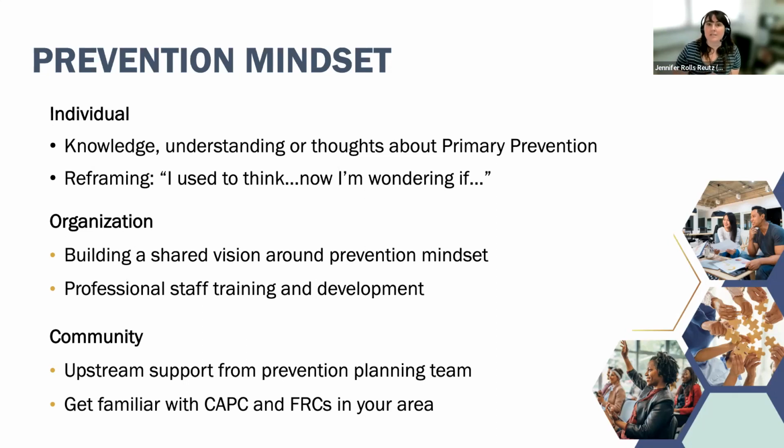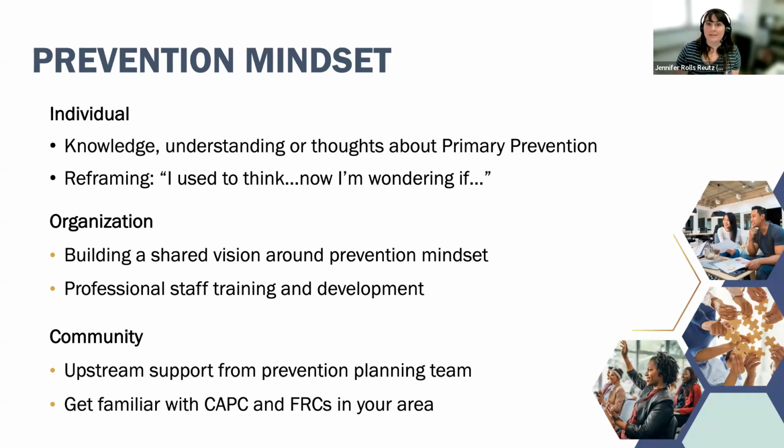At an organization, like I mentioned, it's building that shared vision. It's reinforcing at an organizational level that prevention is part of your effort, and it's not just tertiary, it's primary and secondary. And that's going to be staff training and development, a lot of the things that we're talking about today, and I'll get to some details in a couple of minutes. And then at the community level, it's making sure that your comprehensive prevention planning team is really thinking upstream. What are the primary prevention activities that you can be doing in your community?